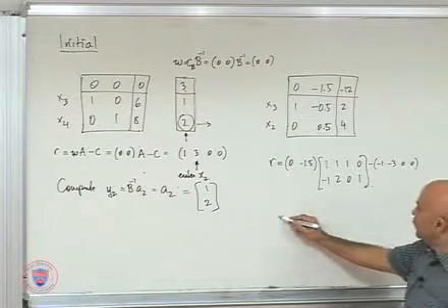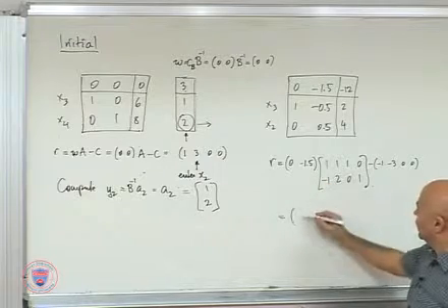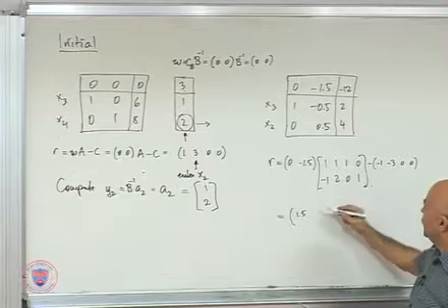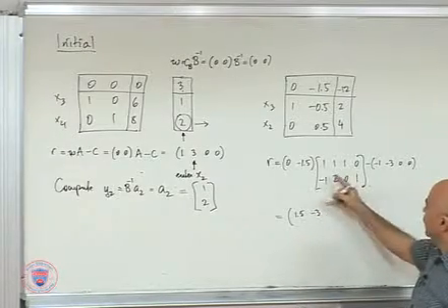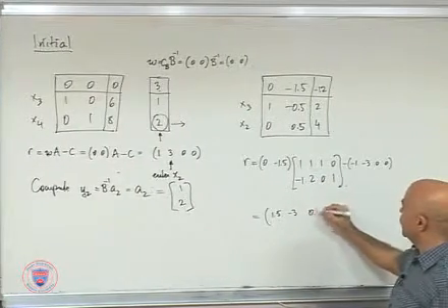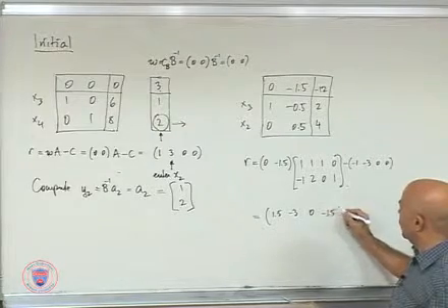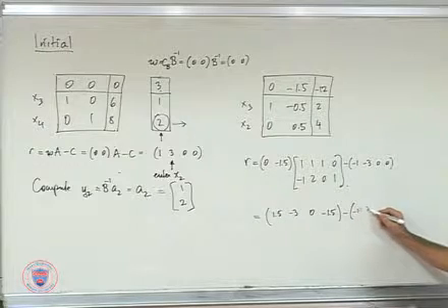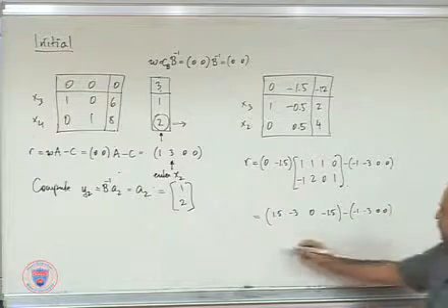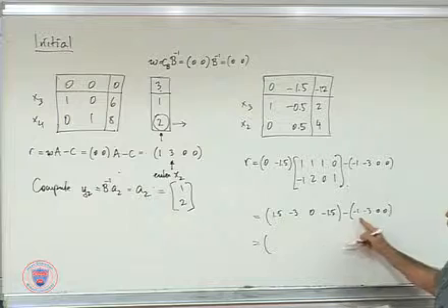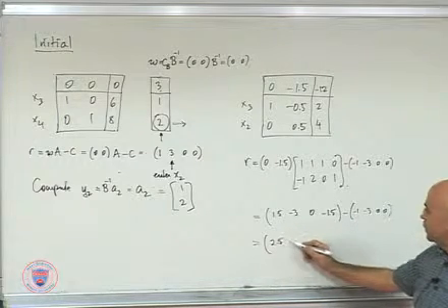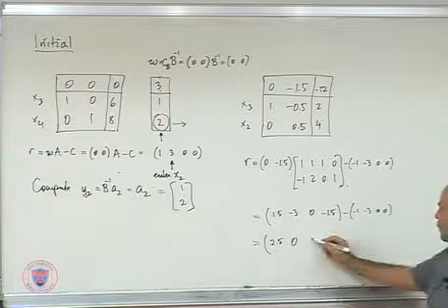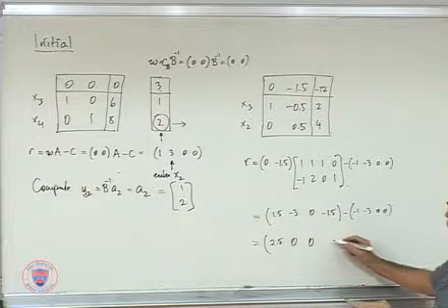And that will give you 2.5, 0, 0, and minus 1.5.